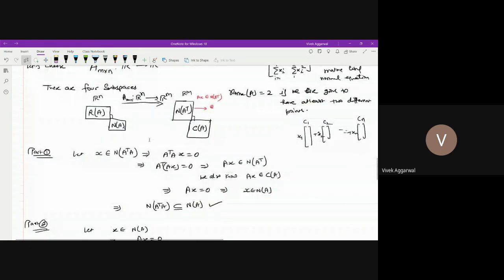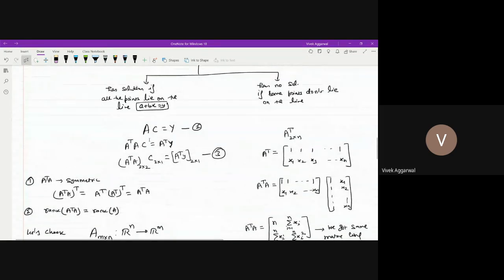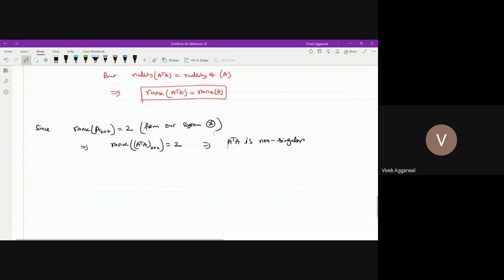These are the systems we have considered: the matrix was of dimension n cross 2, and the other is 2 cross 2. So from here I can say that A transpose A is non-singular, which implies that from our system 3 that I've taken, I can take the inverse of A transpose A.